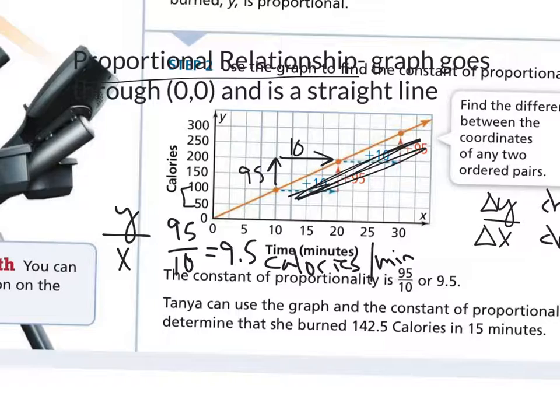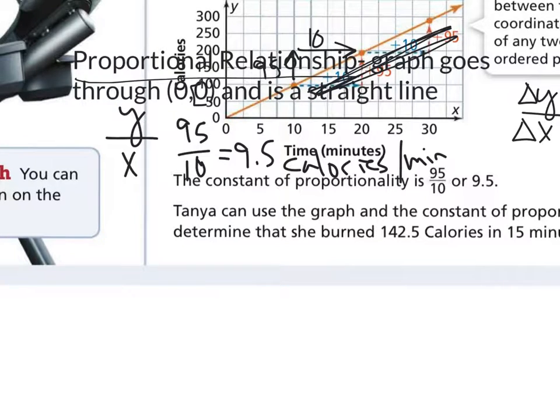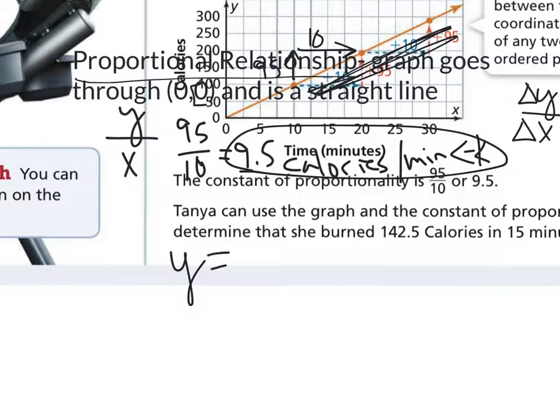Now the book's not quite doing all the steps here like we might normally do. If that's our constant of proportionality, that's our k value, right? So we talked about the equation y equals kx. So an equation for this line would be y equals 9.5x. That's helpful because we could look at the line and say, well, at 15 minutes, it looks like they burned this many calories.